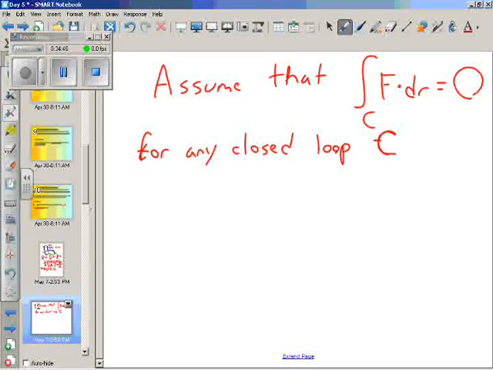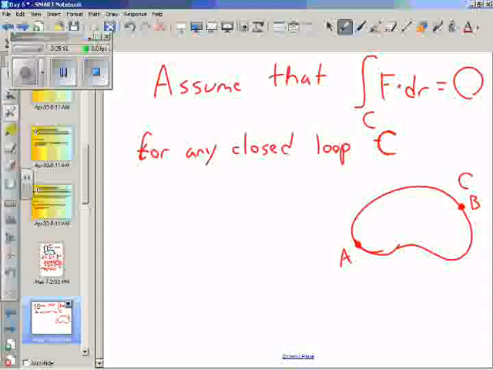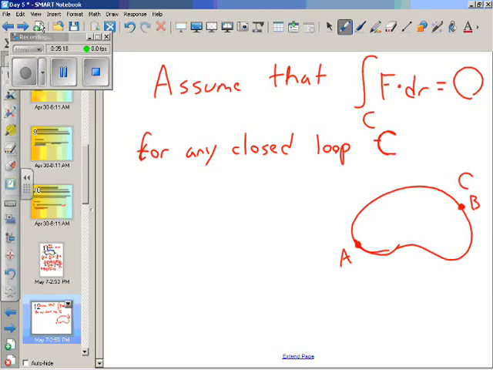Okay, so again, start like we did before and pick some arbitrary curve C. And we have, again, two arbitrary points, A and B. Being that we're trying to show path independence, we want to show that no matter which way we get from A to B, we're going to get the same integral. So let's call this one, A to B this way, C1.